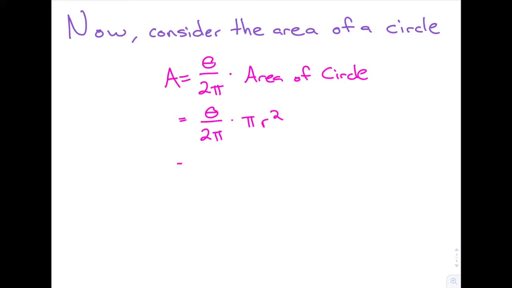So pi's cancel out, and we're left with 1/2 r squared theta. So again, we're taking some fractional amount, a slice of the area of the circle, and that slice comes from theta over 2 pi.